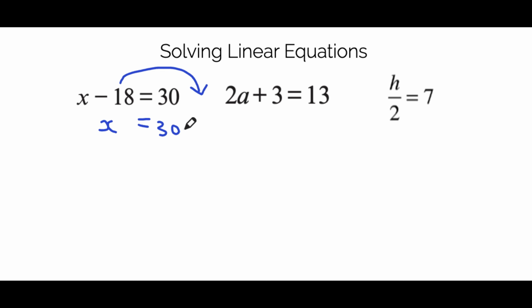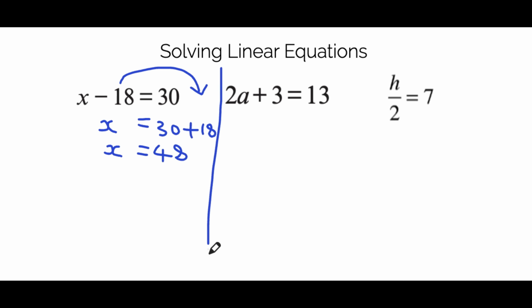When it goes on this side, it becomes a positive 18. Okay, so we're almost done solving our equation. So x is equal to 30 plus 18, which is a simple 48. Awesome. All right, moving on.